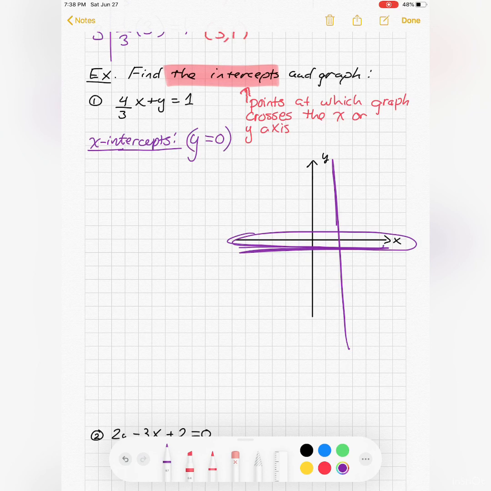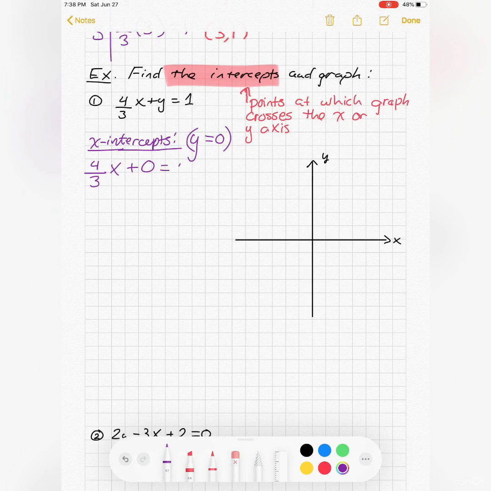So I have to set the y equal to 0, because that means I'm actually on the x-axis. So 4/3 x plus 0 equals 1. Divide. Okay, so the x-intercept is 3/4, 0.